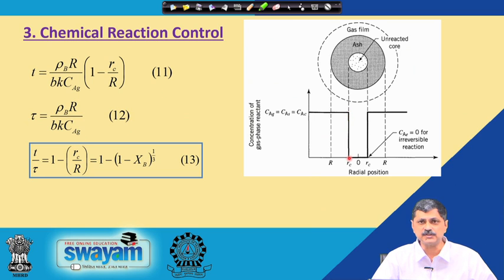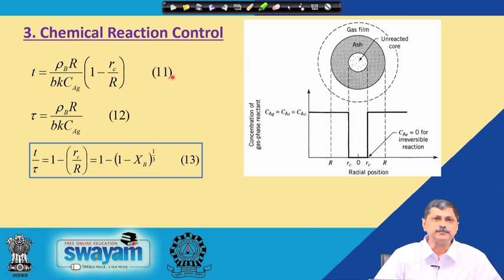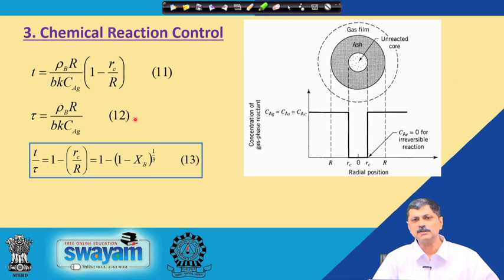So, from C_AG to 0, it drops at the reaction interface, and the R_c versus t relationship is presented in equation 11, and tau is expressed in equation 12, and we find that tau is proportional to the particle radius R in this case. Equation 13 gives us a relationship between the conversion and reaction time, which is again nonlinear: 1 minus X_p is equal to 1 minus t by tau, whole cube.